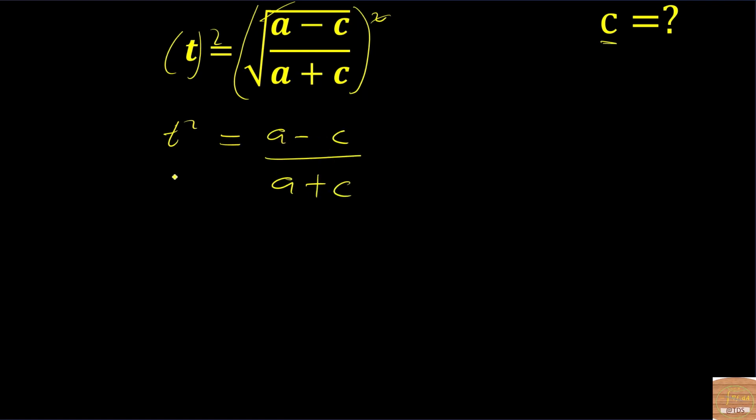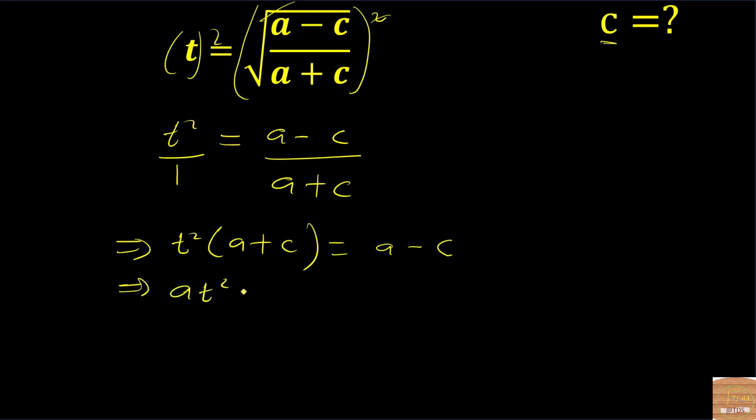So let's make this over 1. Okay, so we have T squared times A plus C equals, now 1 times A minus C is A minus C. So let's expand the left hand side. A T squared plus C T squared equals A minus C. So let's focus on where C is.